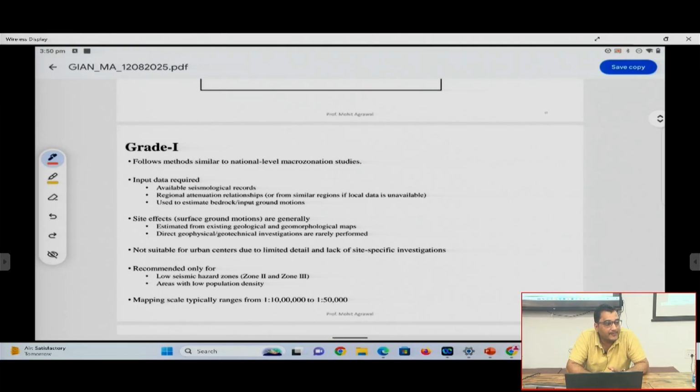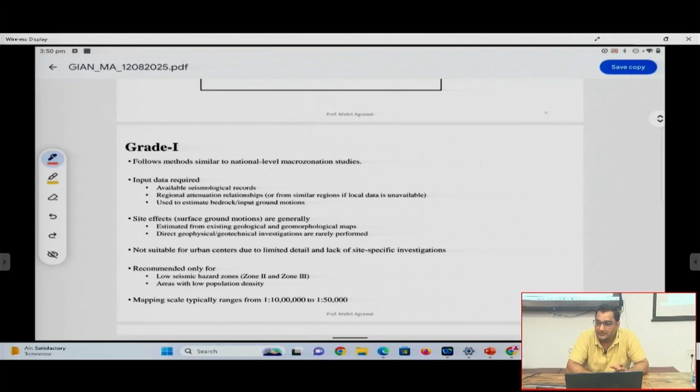Anybody? Attenuation relationships are similar to ground motion models, and they basically give you information about the strong motion parameter as a function of maybe magnitude, maybe distance, or some attenuation factors, or maybe some other parameters that you may need to include.